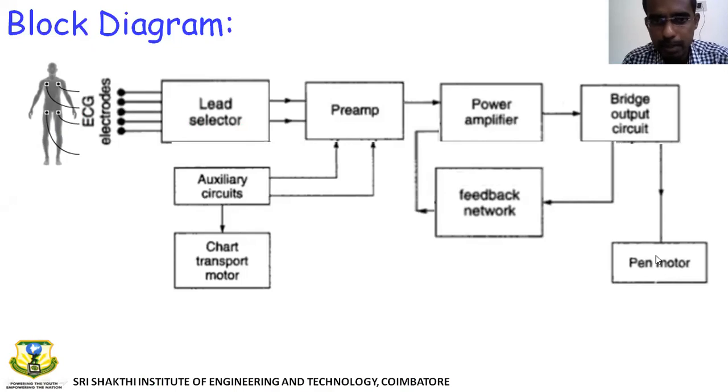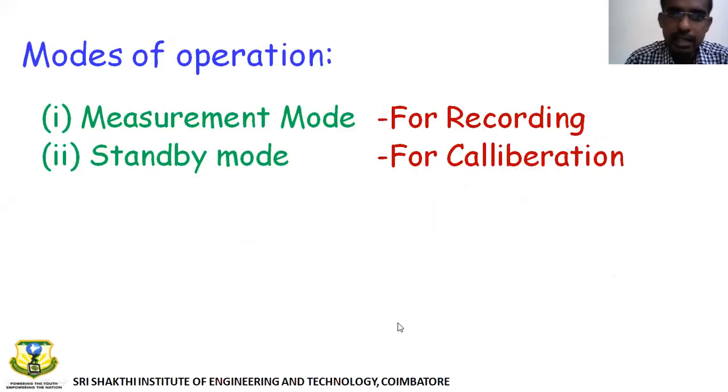If it plots properly, everything is fine. That is the standby mode. Standby mode is done on a regular basis, whenever we need calibration. It depends upon the equipment and the choice of the hospital or whoever takes care of this ECG machine. They will have a weekly routine of calibrating, or monthly, or whatever. So basically there are two operations: the measurement mode and the standby mode.